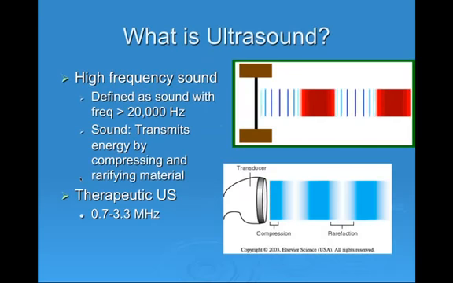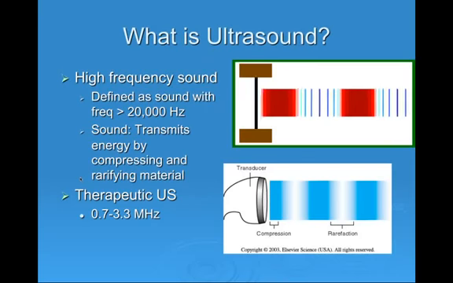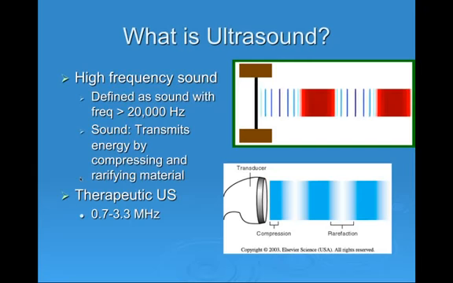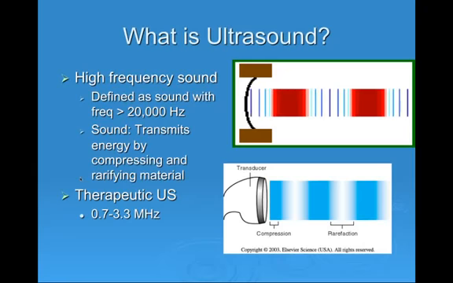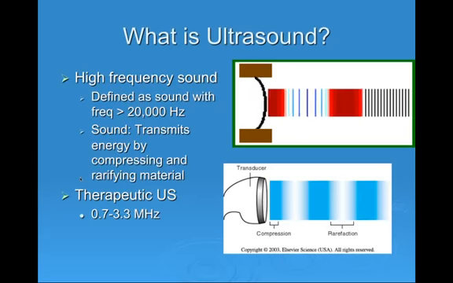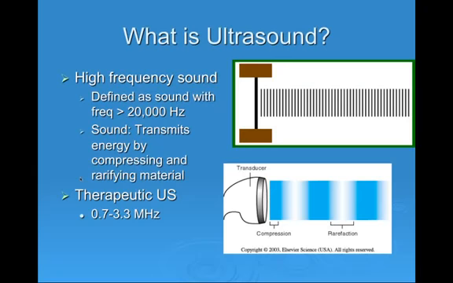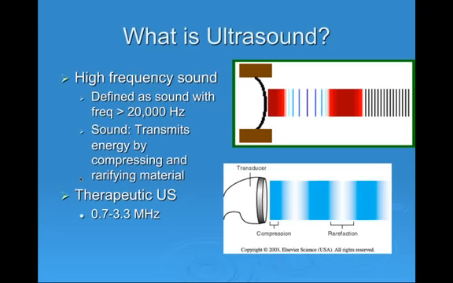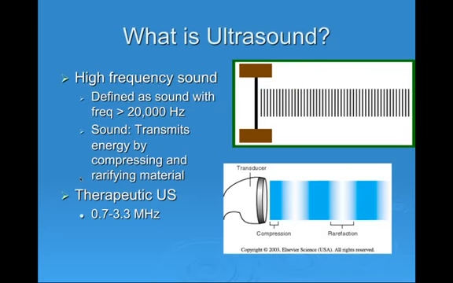Okay, so what is ultrasound? Okay, so ultra meaning high or high frequency. It's just high frequency sound, and by definition it's sound that has a frequency of greater than 20,000 hertz, and it's transmitting this sound by compressing and rarefying, or kind of making wider or bigger a material. In this case we're using a crystal.